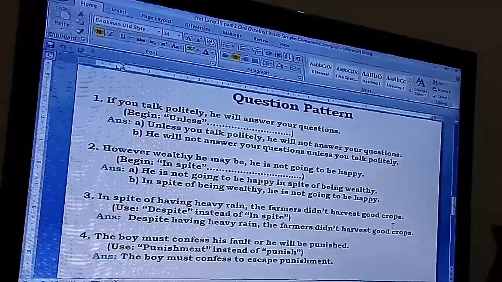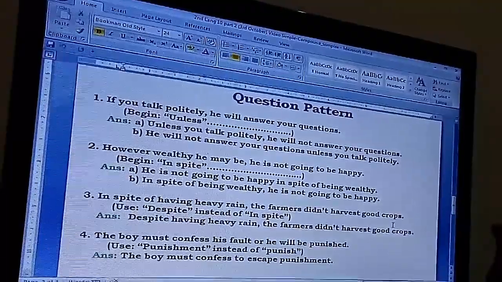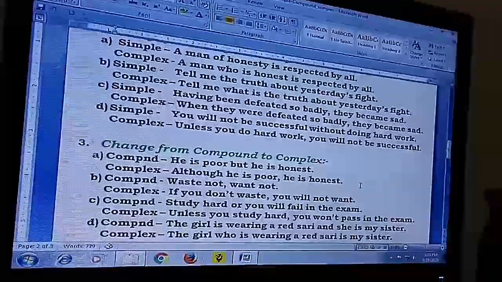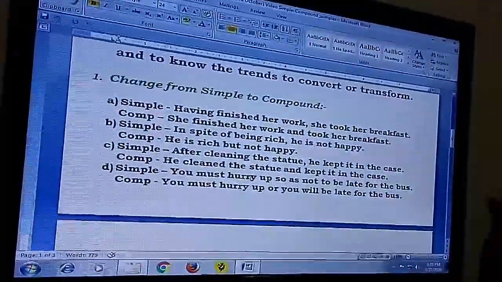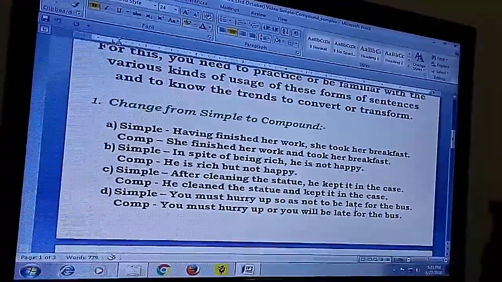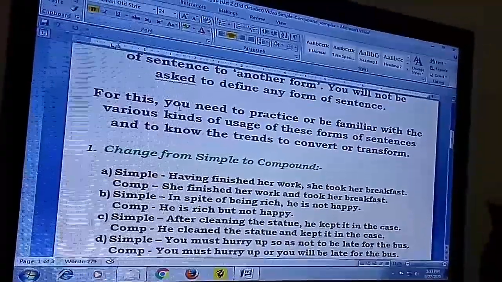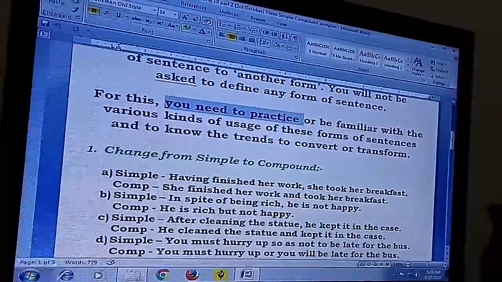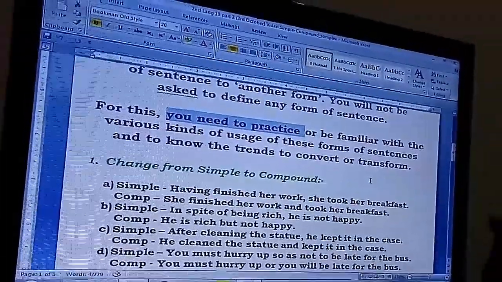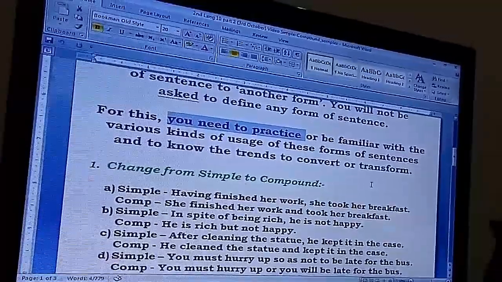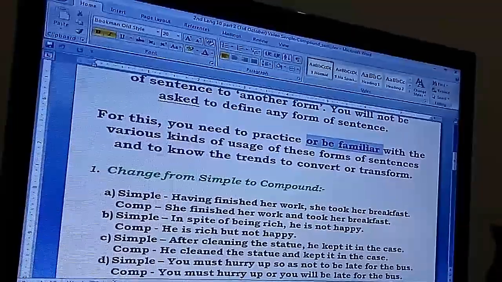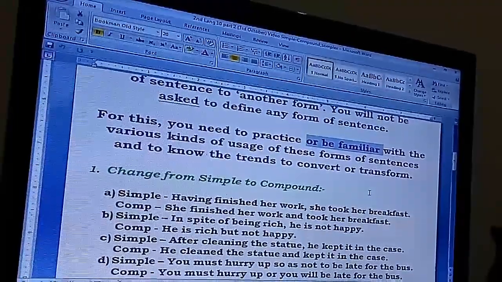Once again I tell you, don't get into this question pattern straight away. If you have not understood, or if these things have not got into your head, you need lots of practice. If you have not started, start. If you are not familiar, then begin to be familiar.